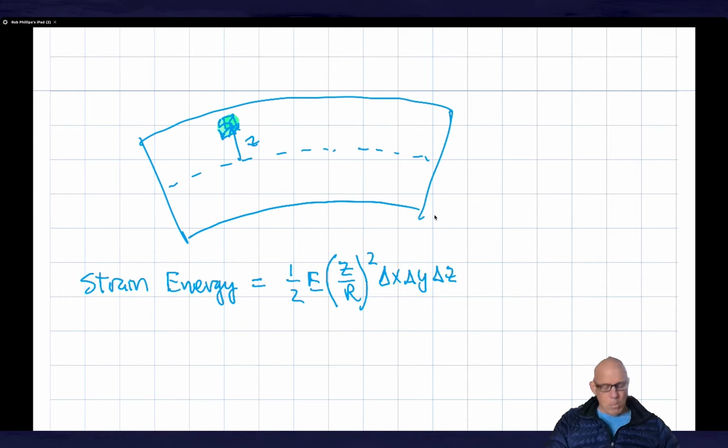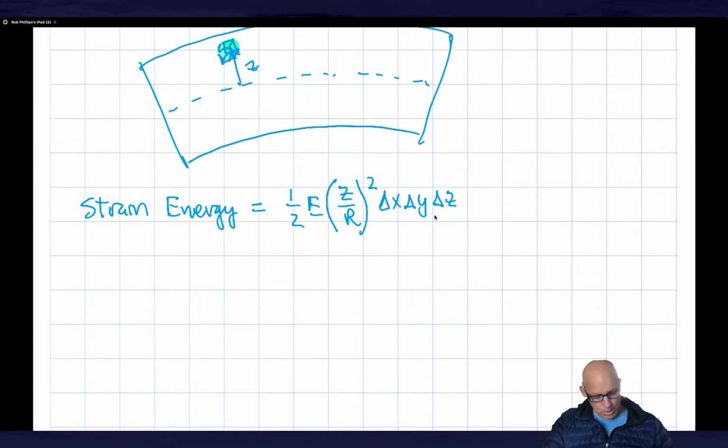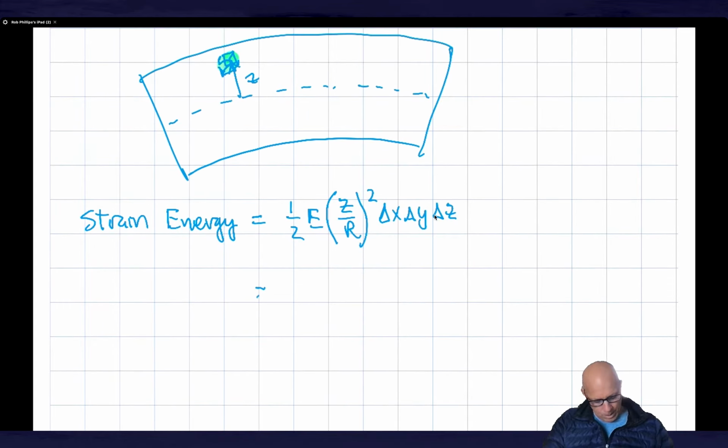And if I want to find the energy associated with all the boxes, then what would I do? I would do 1/2 E, and then let me call it sum over slice. And then, well, what do I mean by a slice?